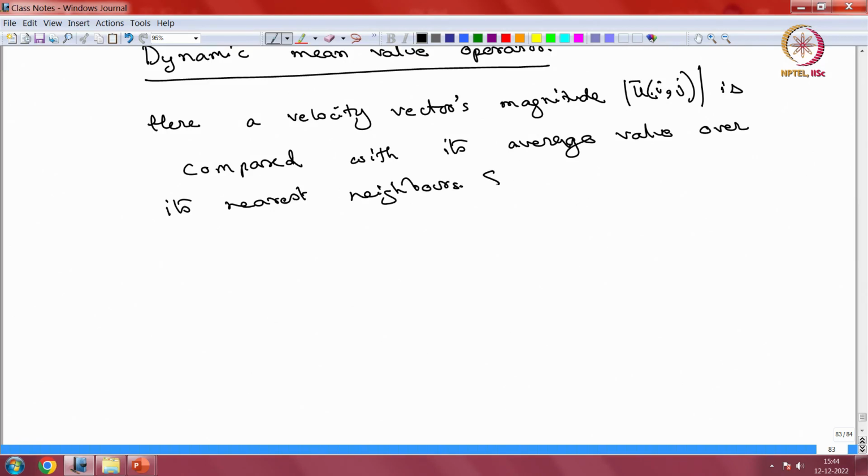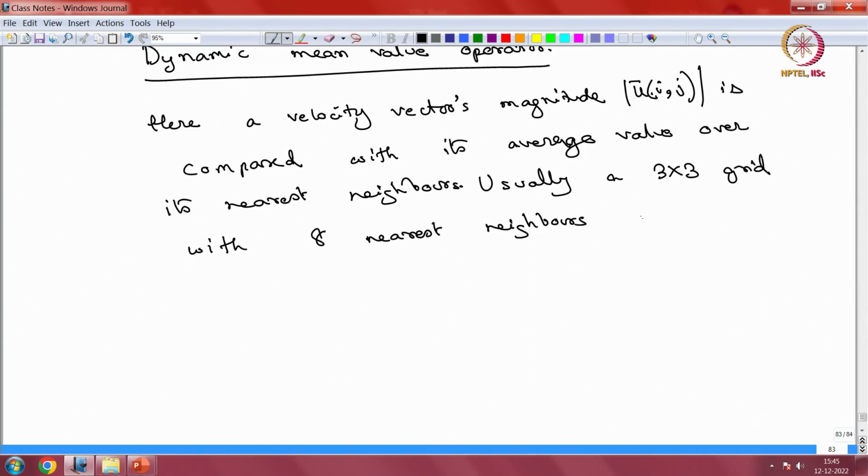And usually what you can do is implement, let's say, a 3x3 grid around the velocity vector. So usually a 3x3 grid with 8 nearest neighbors is used. So say N is equal to 8, then you can define an averaged quantity of all the different velocities over these 8 neighbors.